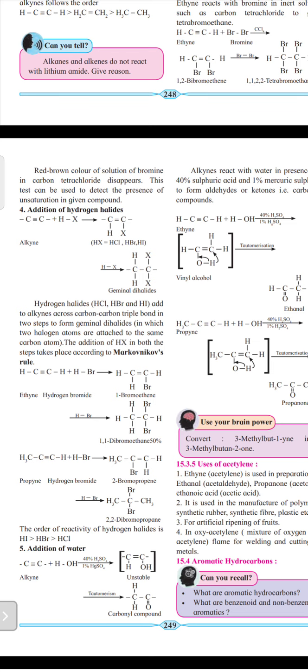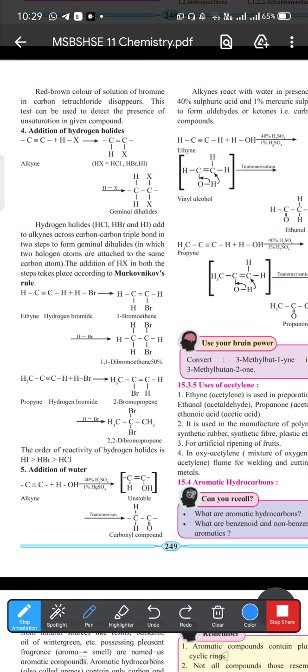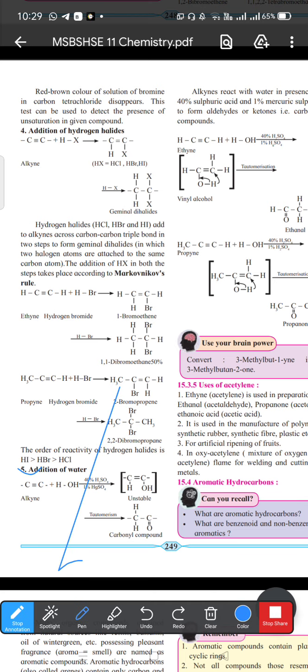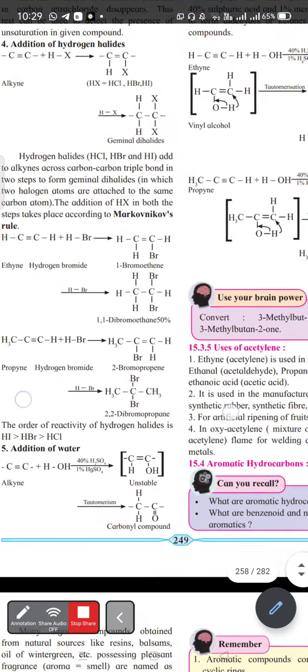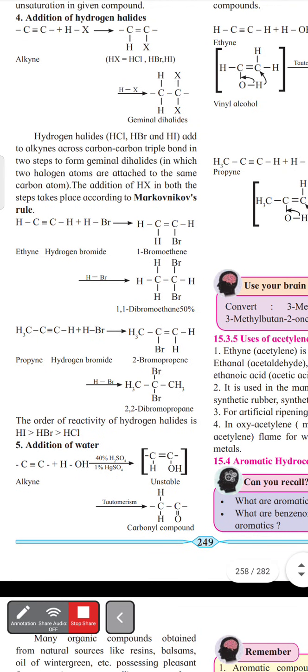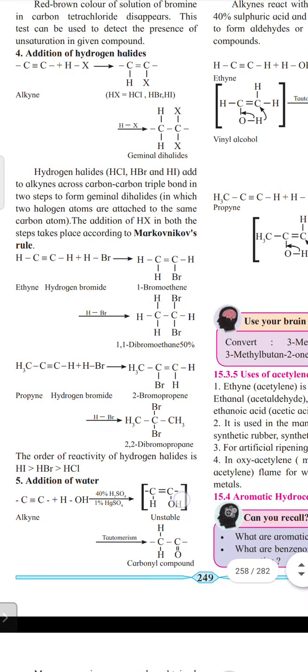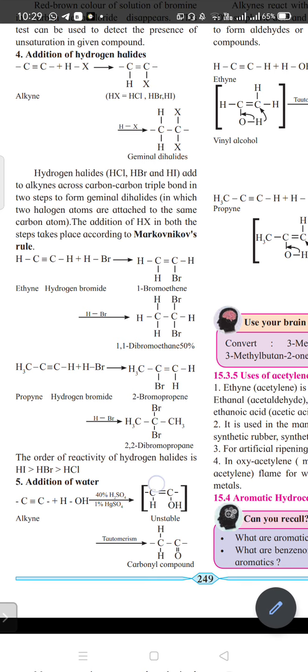Next method we'll see is the addition of water. In addition of water, here alkyne reacts with a water molecule with 40% H2SO4 in the presence of 1% mercuric sulfate. It gives an unstable product, and from this unstable product, by tautomerism, by breaking of the OH bond, this hydrogen is removed from here and goes to this carbon.